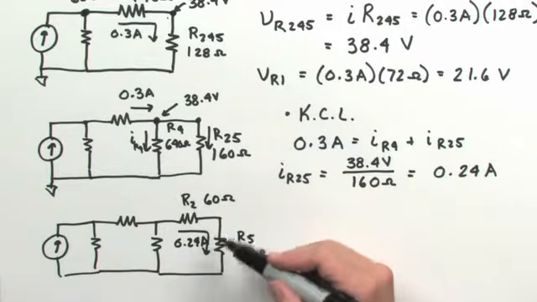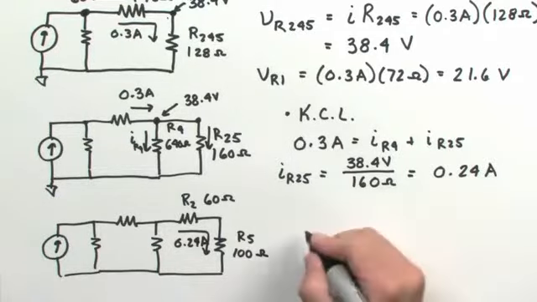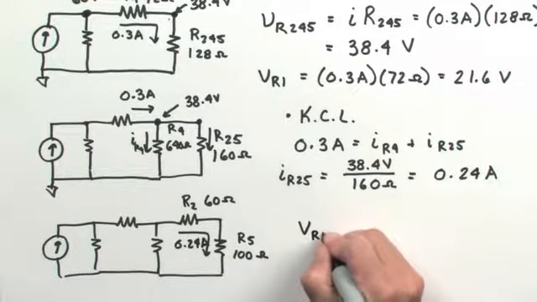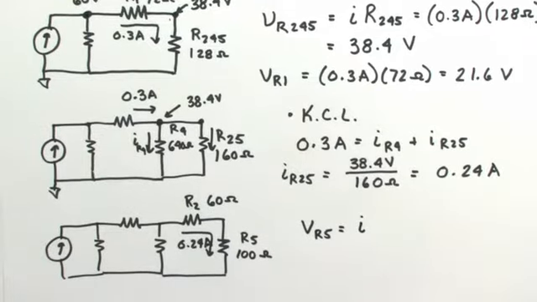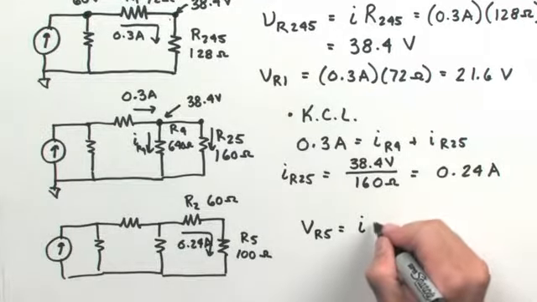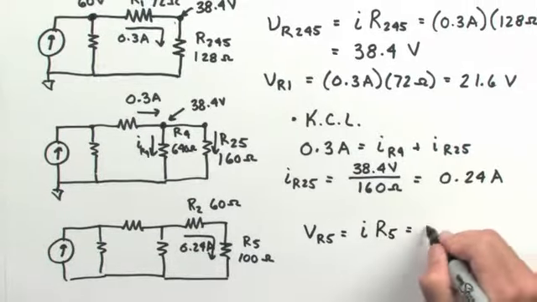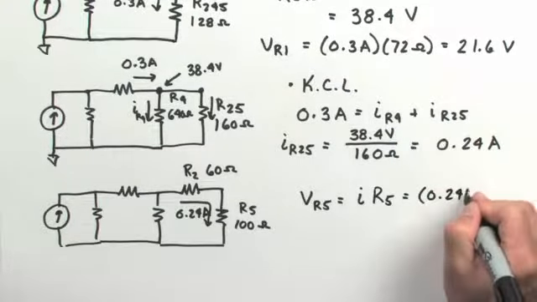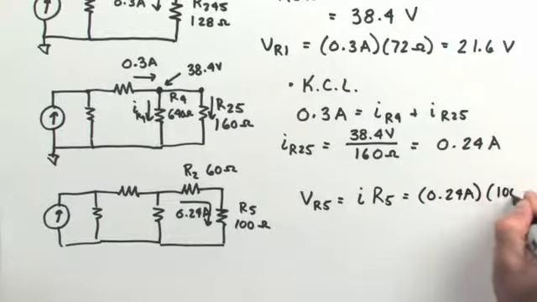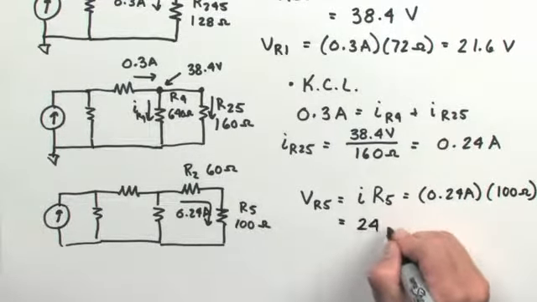Since R5 is the resistor that we want to know the power dissipation of, I'm going to calculate the potential drop across R5. The voltage drop across R5 is given by Ohm's law yet again, which is the current through the resistor multiplied by the resistance of that element, which in this case is 0.24 amps multiplied by 100 ohms, which gives me a potential difference of 24 volts.